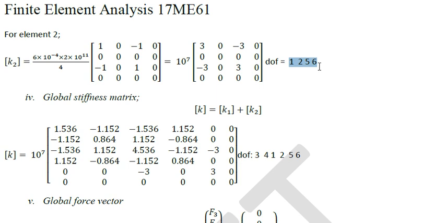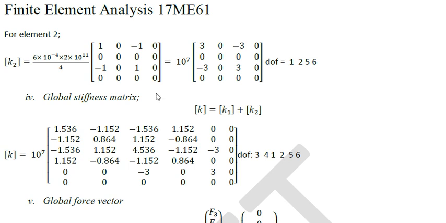Initial node has Q1, Q2 as the degrees of freedom. Final node has Q5, Q6 as the degrees of freedom. Therefore, degrees of freedom for this stiffness matrix are 1, 2, 5, 6.